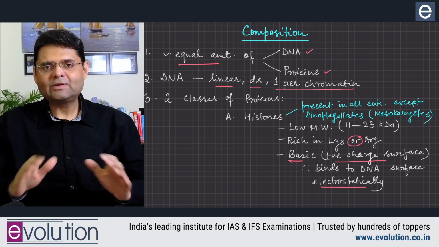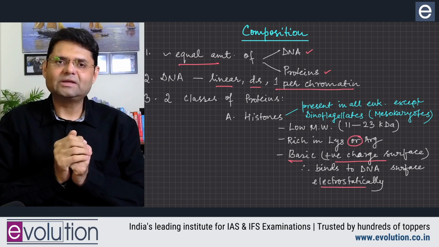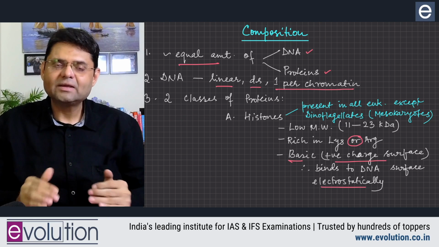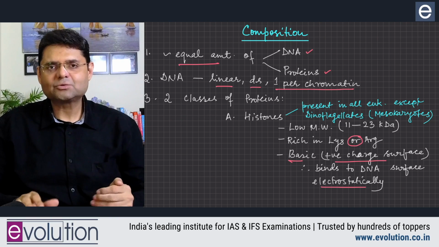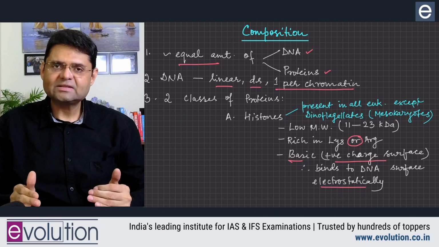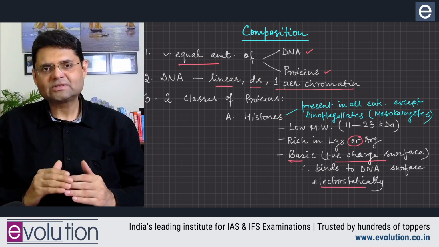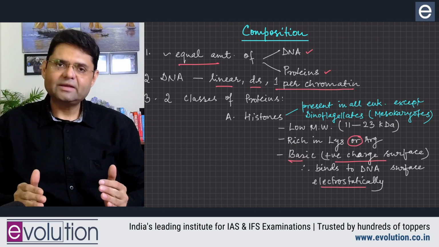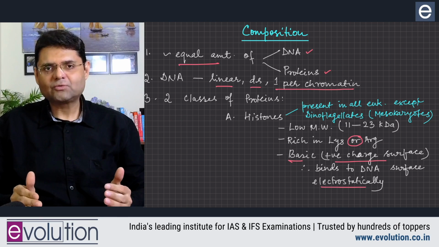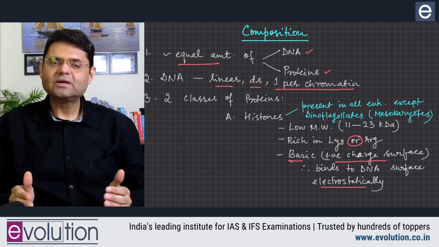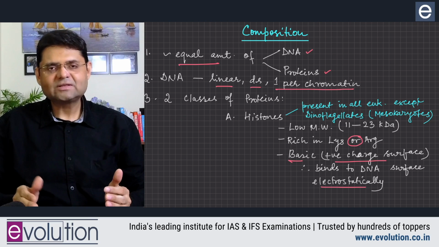So when everyone is writing that histone attaches to DNA, you are writing histone attaches to DNA electrostatically. Why? Because histone has lysine or arginine richness, because of which the histone surface is positively charged, and the DNA, because of the phosphoryl group residue, is going to have a negative surface charge.